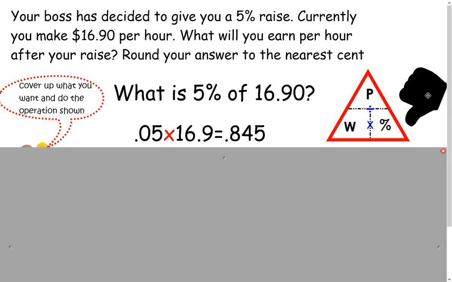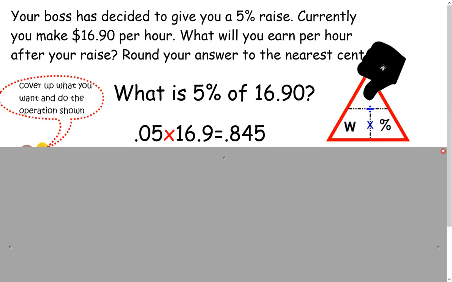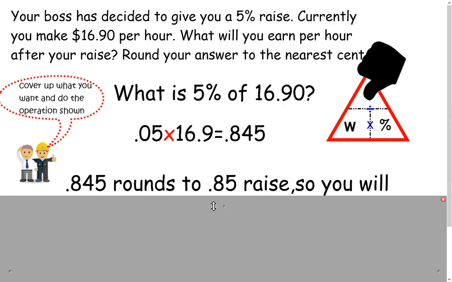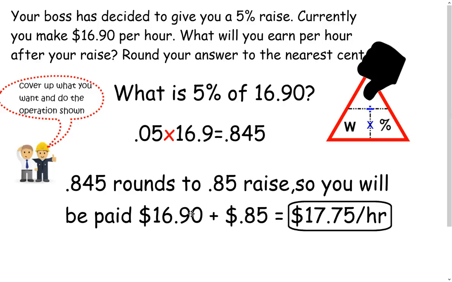What is 5% of $16.90? That's a part, so we're multiplying them together. And we get 0.845 or an 85-cent raise. So you're not going to get paid 85 cents, that would really stink. You're getting $16.90 plus your 85-cent raise, and that's $17.75 an hour.